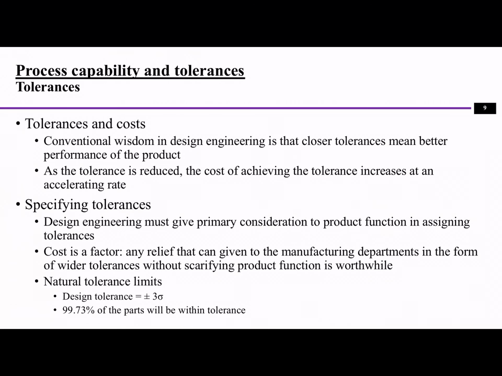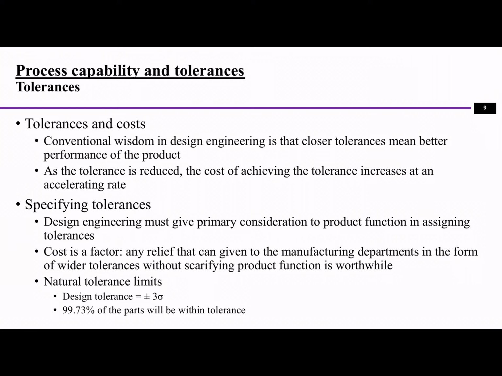All right. Next, tolerances. So I just talk a little bit about tolerances. We know that for the design engineers, usually it's better that we look at what is the reasonable tolerance we can set in order to reduce the production or manufacturing cost, and also sometimes you want to make sure that we produce a good quality first.